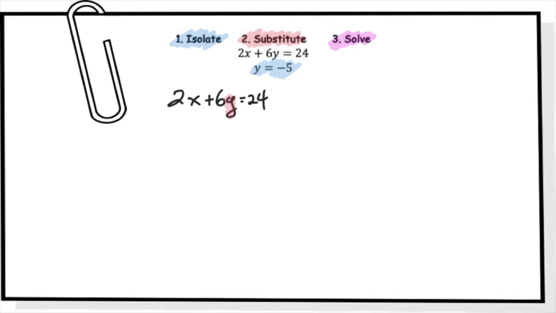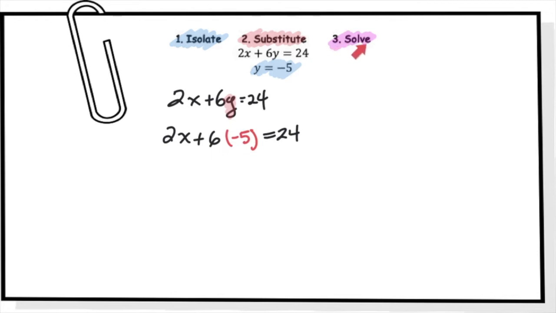So it's going to be 2x plus 6, and instead of y, I'm going to put a -5, equals 24. Okay, so we finish our substitution. That's all that we needed to do. Remember, always use parentheses when you replace the letter for its number.